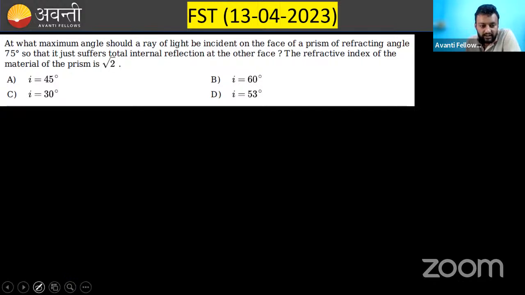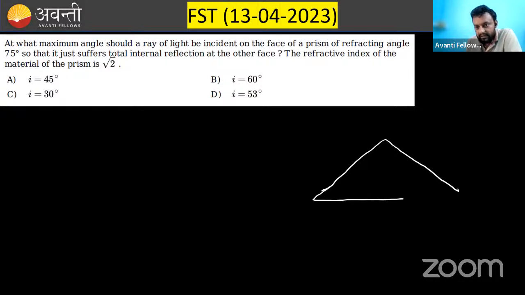So first of all, in the first line, what I have seen is that there is a refracting prism, which has the angle of prism as 75 degrees. That's what is given in the first line. And in the next line, the refractive index of the material of the prism is root 2. One more thing that I got.